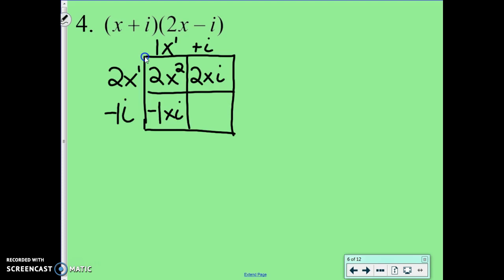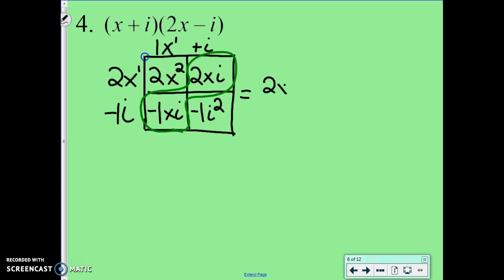Or is it ix? I think it's going to be the other way around, actually. And then I take my negative 1 times 1 to give me a negative 1. i times i gives me i squared. So what I end up getting with this problem here, oh, and by the way, identify again, I have like terms on the diagonals. It's not always going to happen like that, but more often than not it will.